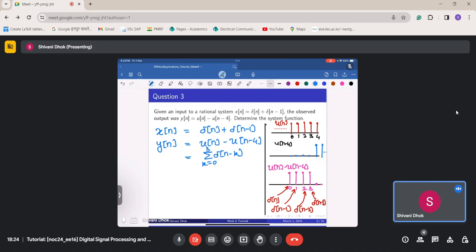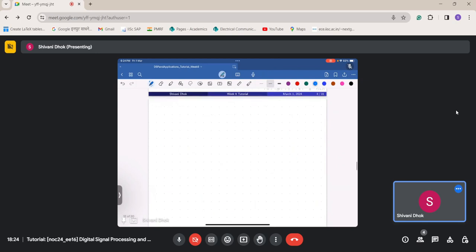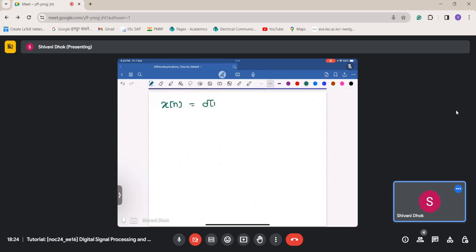So now I have my input and my output. What we need to do is determine h of z, and we know that h of z is given by y of z upon x of z. So let us find x of z and y of z. My x of n was delta n plus delta n minus 1.